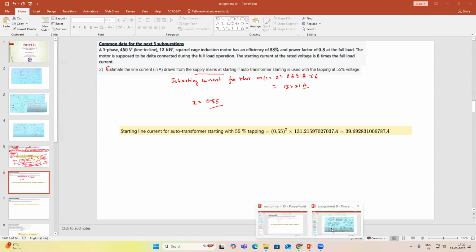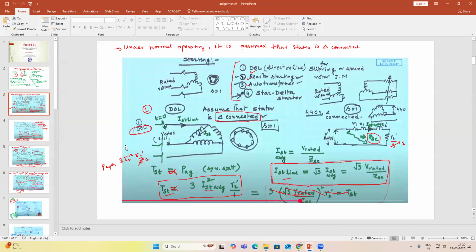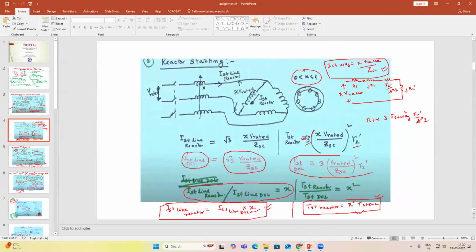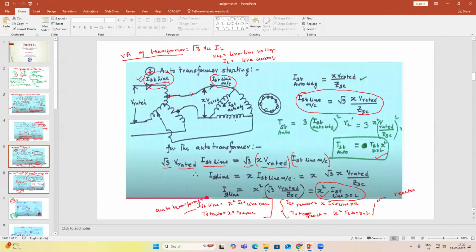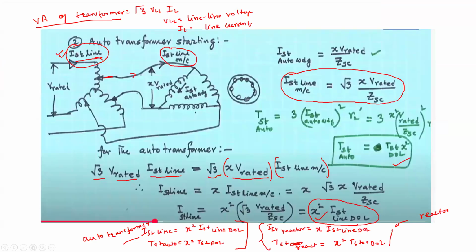This is the auto transformer starting, where x is the percentage of the tapping, which will be mentioned in the question.